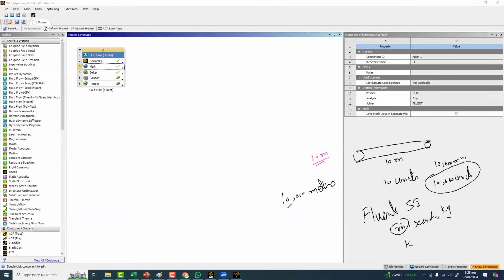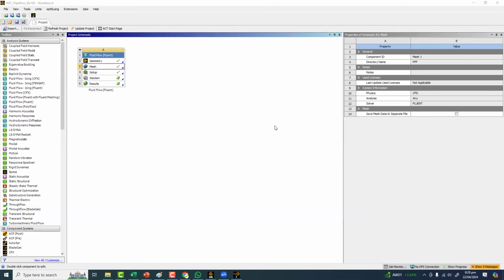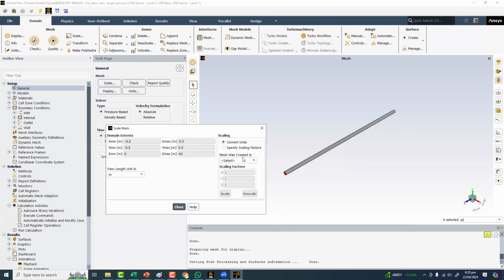Fluent will take it as 10,000 meters. So this will be wrong. That's why they have given the option to convert this mesh back to its original units, so that length, diameter, height and width are equal to whatever was originally done in the geometry model. That's why we have these things over here.